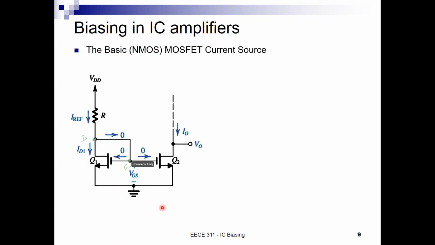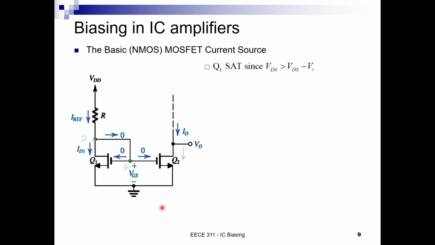Transistor Q1 shares the same gate to source voltage as Q2, and Q2's drain voltage we will call VO and IO, because really it is going to deliver the current later to some circuit, okay? And we're going to see IO is nothing but IDS of this transistor Q2.